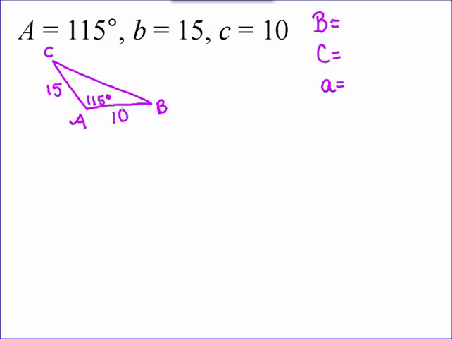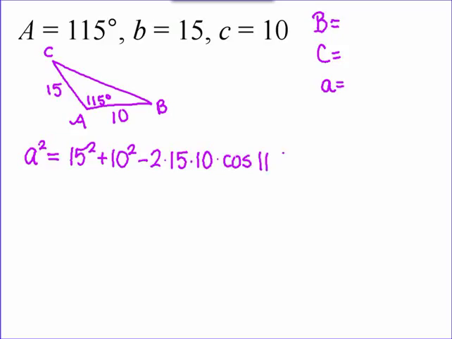So now this is side angle side, you can see that. So we're going to use the law of cosines, and what are we going to find? Side A. The law of cosines states that A squared equals 15 squared plus 10 squared minus 2 times 15 times 10 times the cosine of 115.